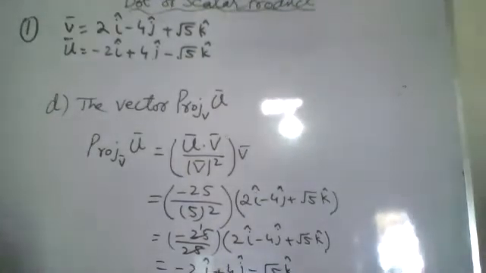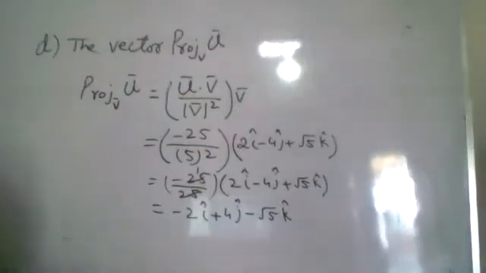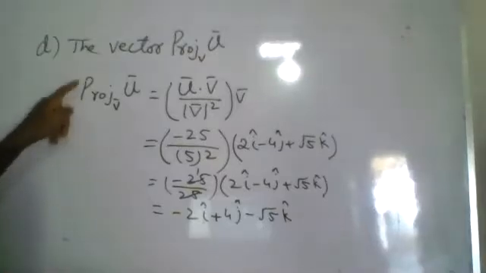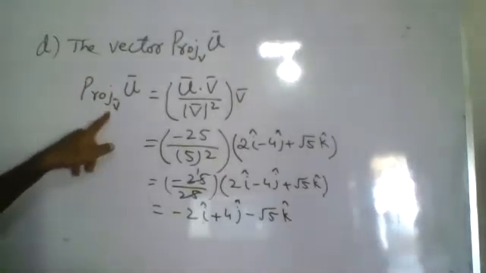This is the answer: minus 2i plus 4j minus root 5k. This is the vector projection of u onto V.